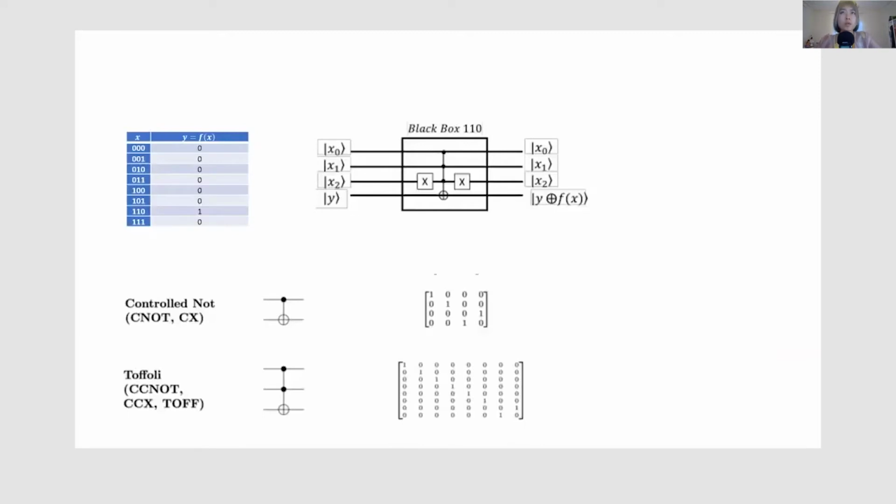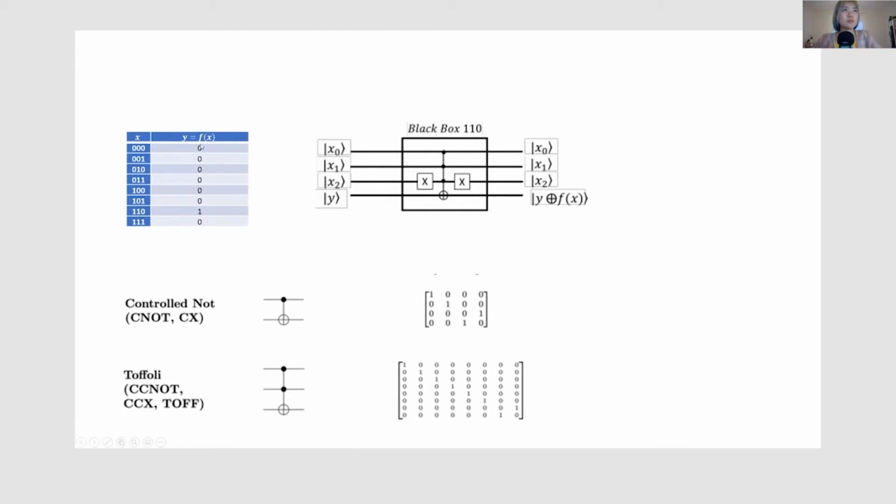And for Grover, we can build several different types of boxes depending on which item we're searching for. For example, the black box for 111. So if we just have 3 qubits that we are interested in, we can just arbitrarily say 110 is what we are looking for.